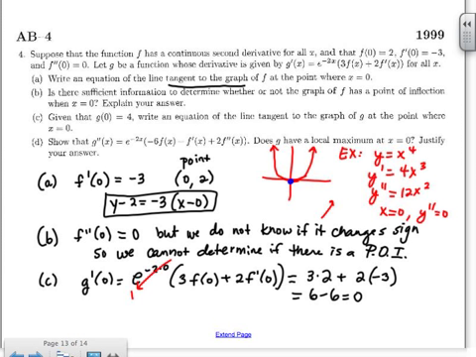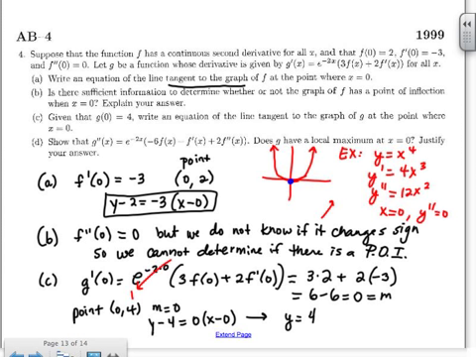I am given that g of 0 equals 4, so that means that my point is (0, 4). My slope was 0. So I get y minus 4 equals 0 times x minus 0. That one is pretty easy to simplify. Since it was a horizontal line, you know it's y equals 4. Okay, that would be your solution.